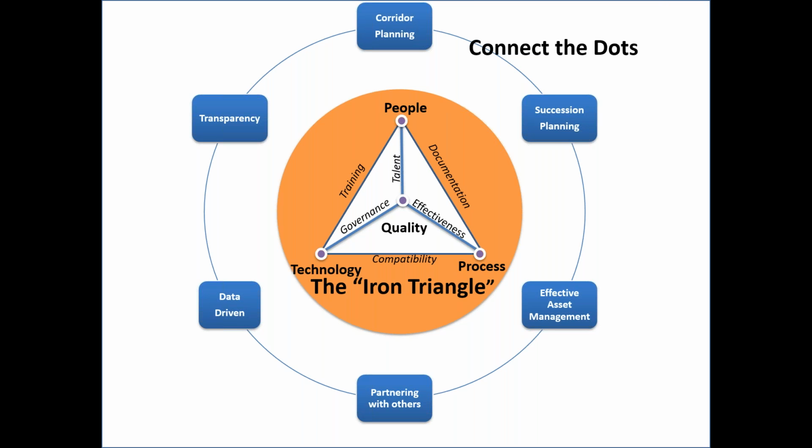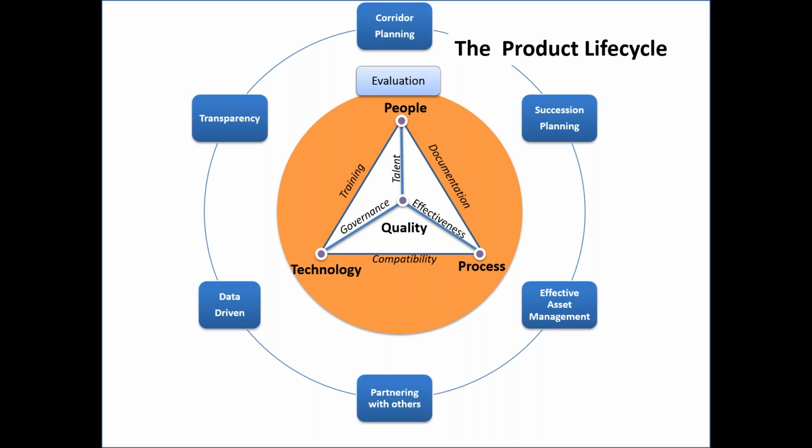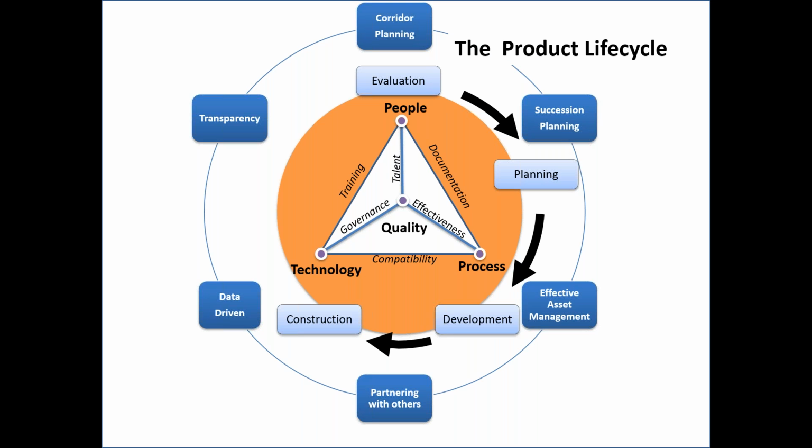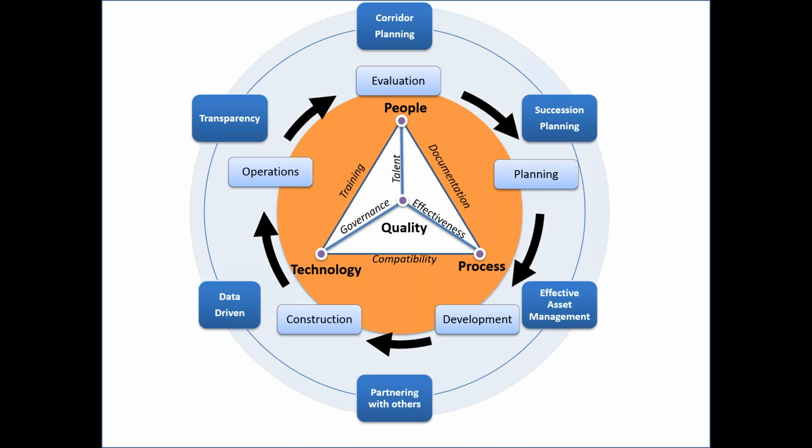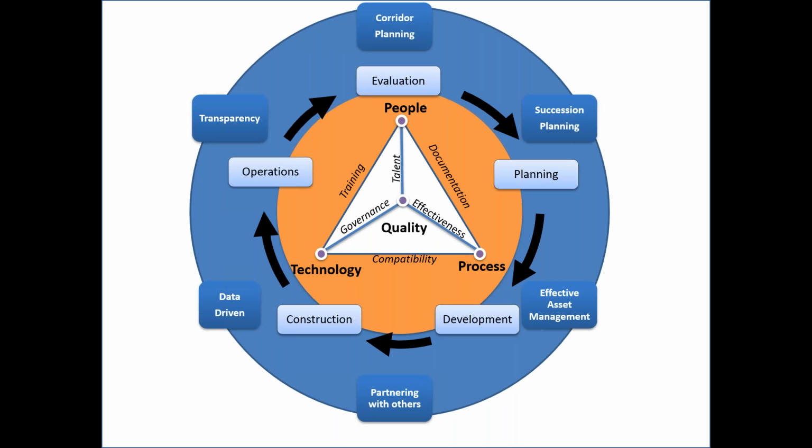So this is all well and good, but how do I connect those 4 cornerstones in quality to the director's 6 key factors? Well, it's by understanding what we do, and that's the product development lifecycle. And so all of your roads go through this product development lifecycle, and that's evaluating, planning, development, construction, and then operations.